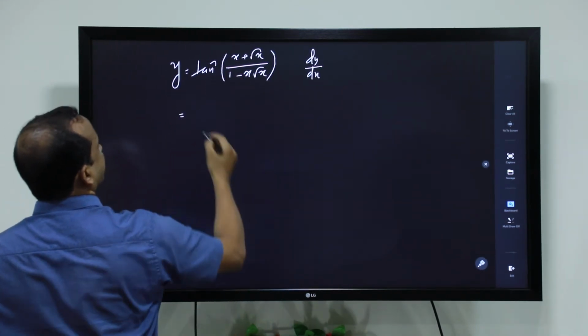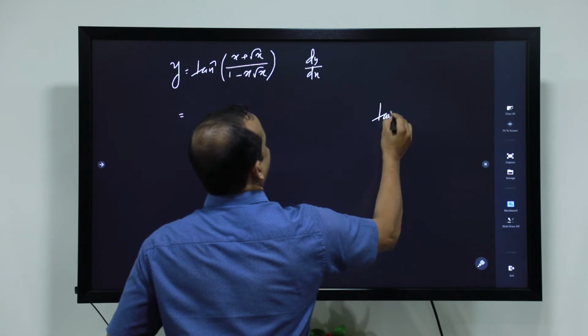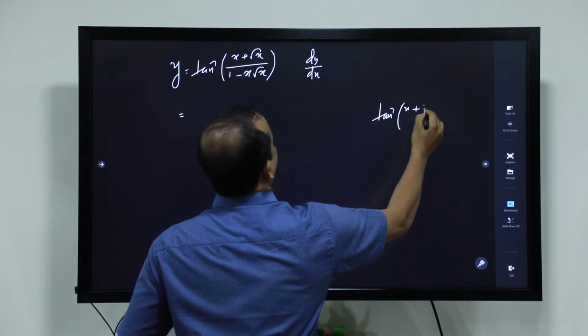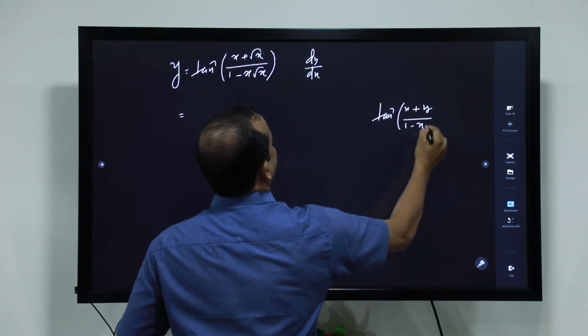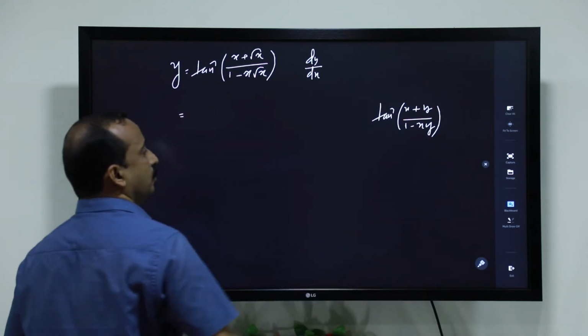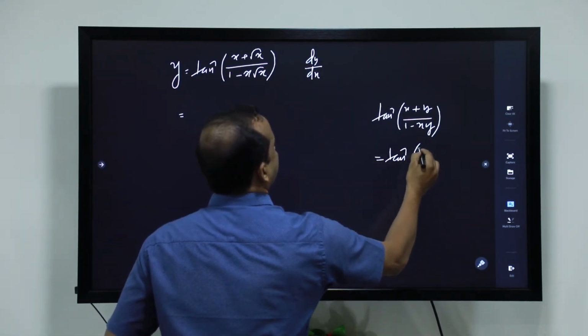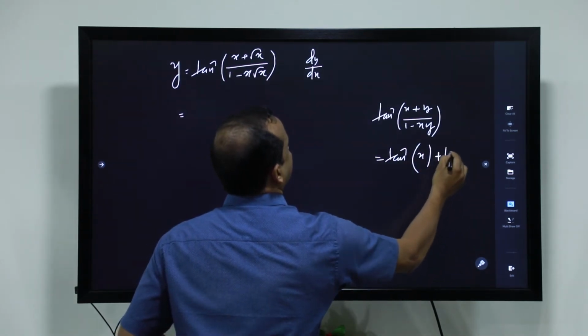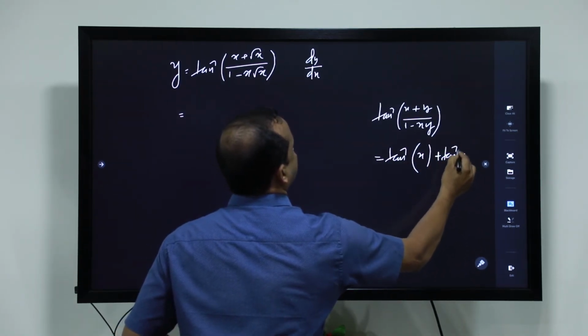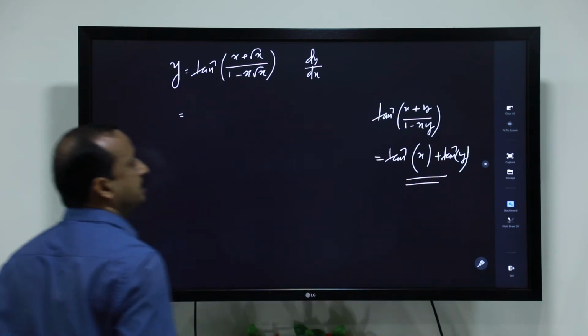This is of the form tan inverse of (x plus y) divided by (1 minus xy), and the answer is tan inverse x plus tan inverse y.